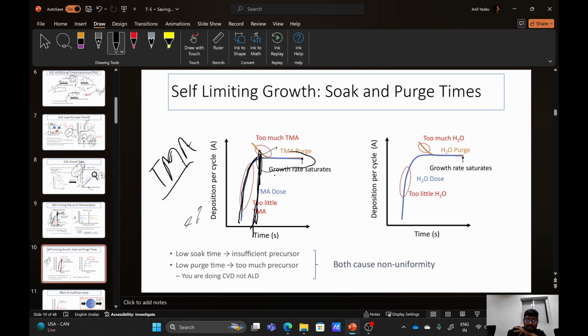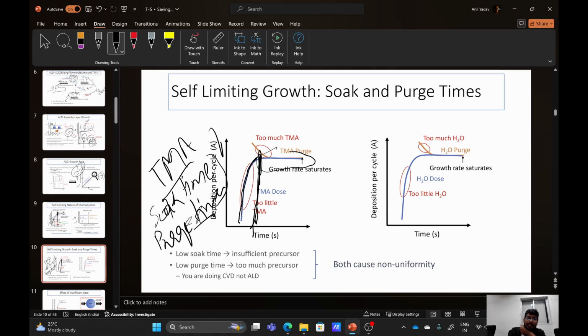If you want to optimize an ALD process, you just need to define the soak time of precursor 1 and the purge time of precursor 1, and also the same for precursor 2: the soak time and the purge time. Through this you can optimize the process. Only four parameters are there, and that can be easily done.